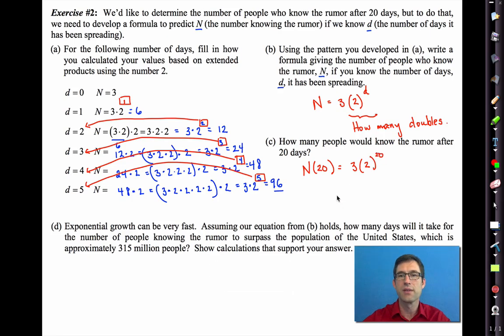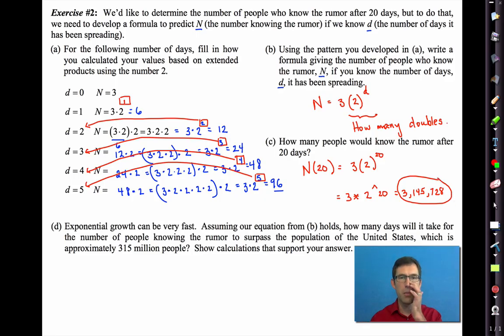Now this is certainly something you're going to use your calculator on. But if you type it in as 3 times 2 raised to the 20th, what we'll find is a lot. 3,145,728. Now you might not think that's very reasonable, right?